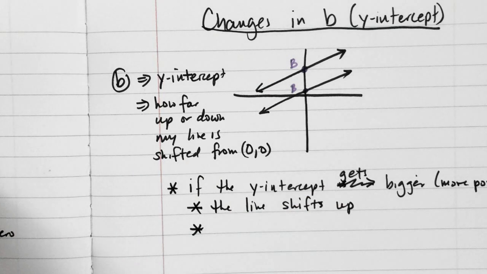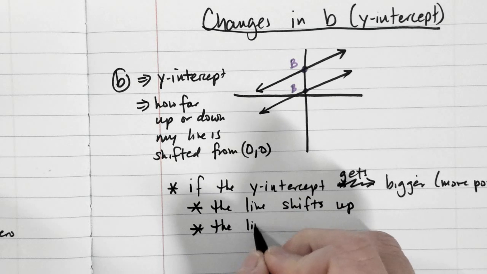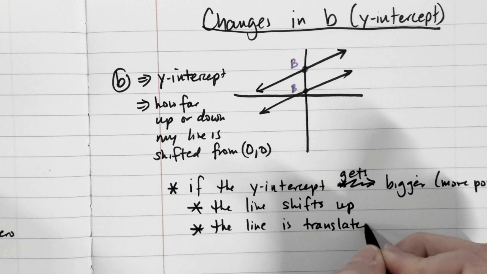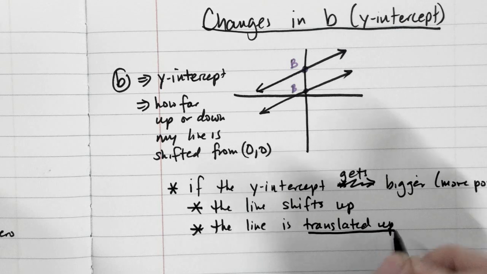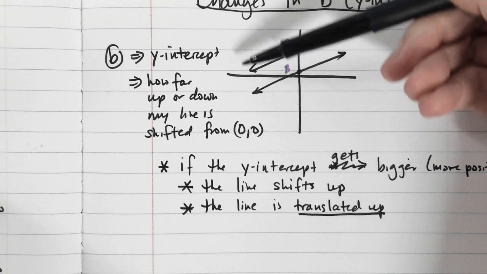And the official algebra lingo is the line is translated up. That is the official algebra lingo. Okay, so this line is translated up.